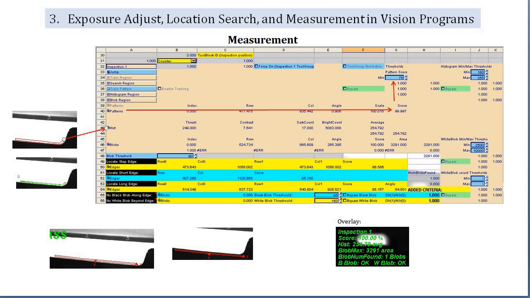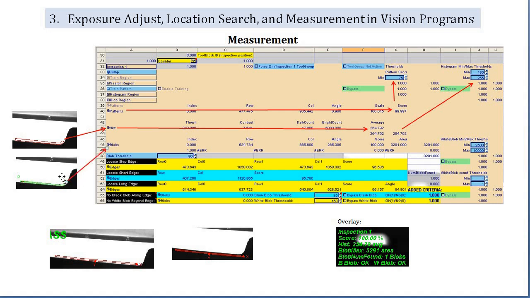Here is the average intensity, and this average intensity result is evaluated against the minimum and maximum limit of the histogram average to determine whether it passes or fails this criterion. And then let's take a look at the blob.